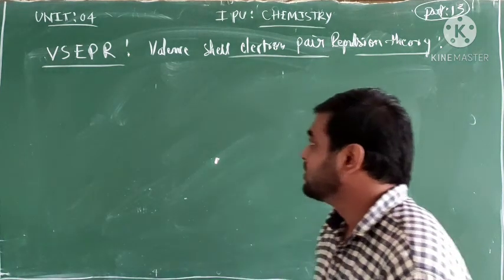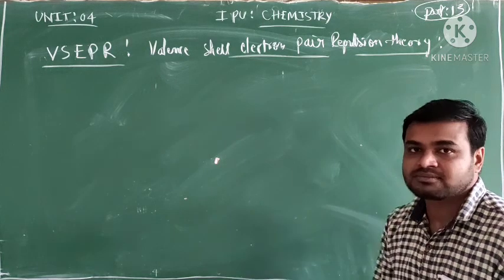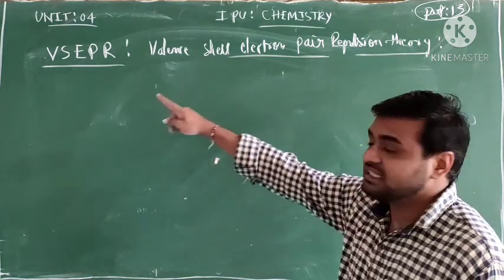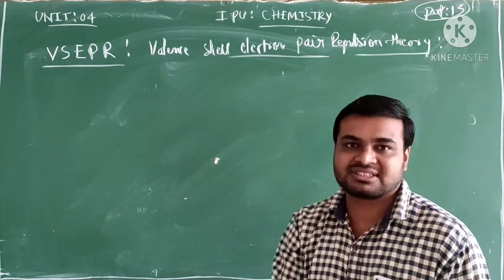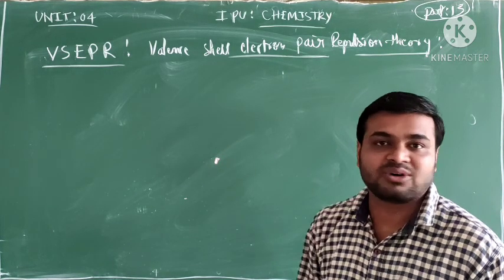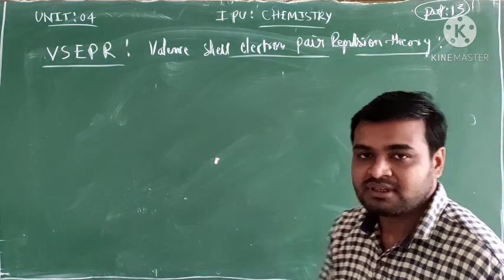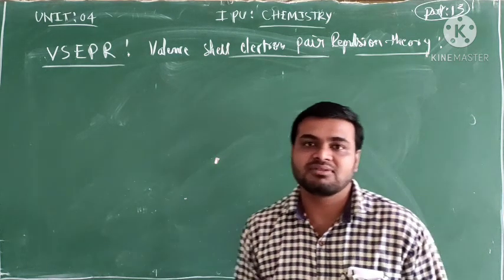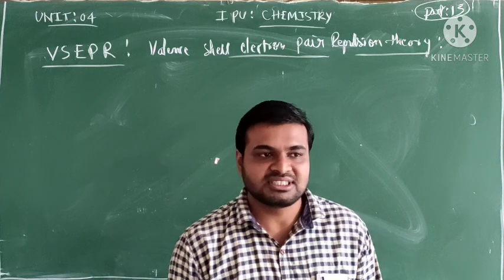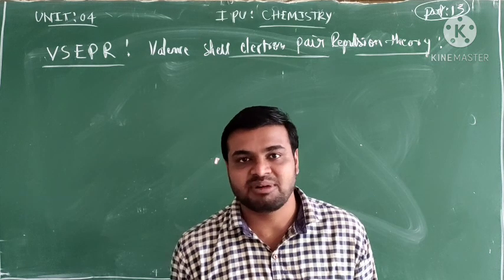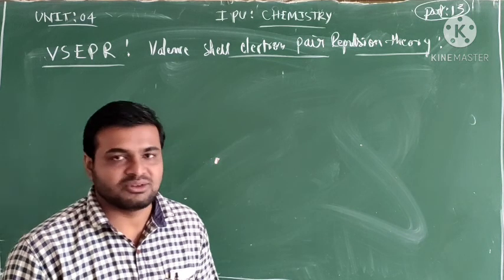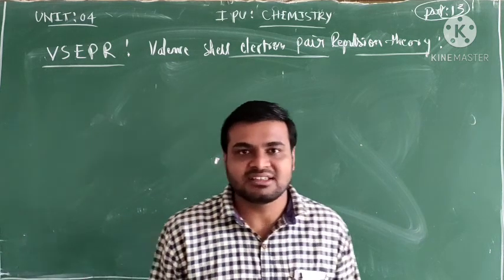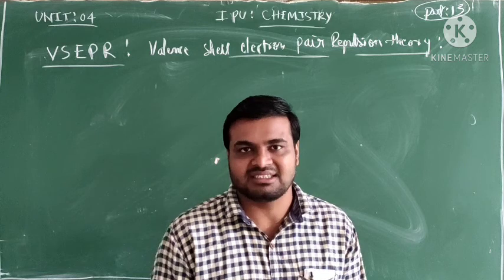So this gives the geometry or shape of any covalent molecule. We already know the Lewis structure, but the Lewis structure doesn't explain the shape of molecules. In the Lewis structure we represent with dots, and it doesn't explain the shape. It's a limitation.